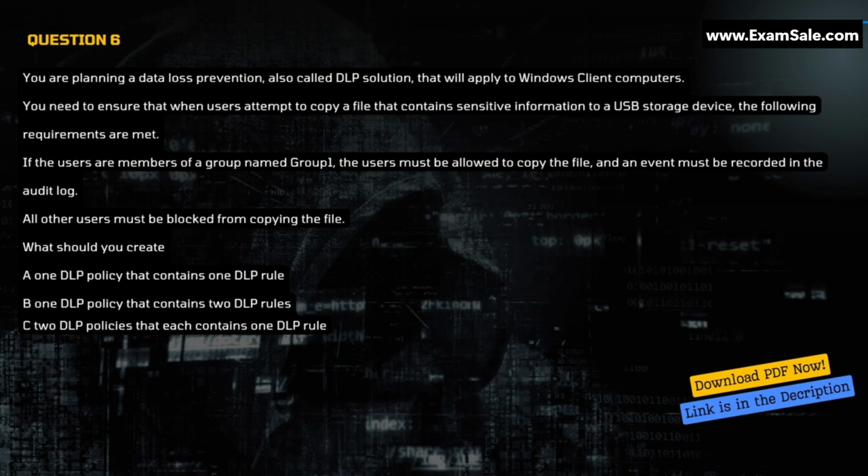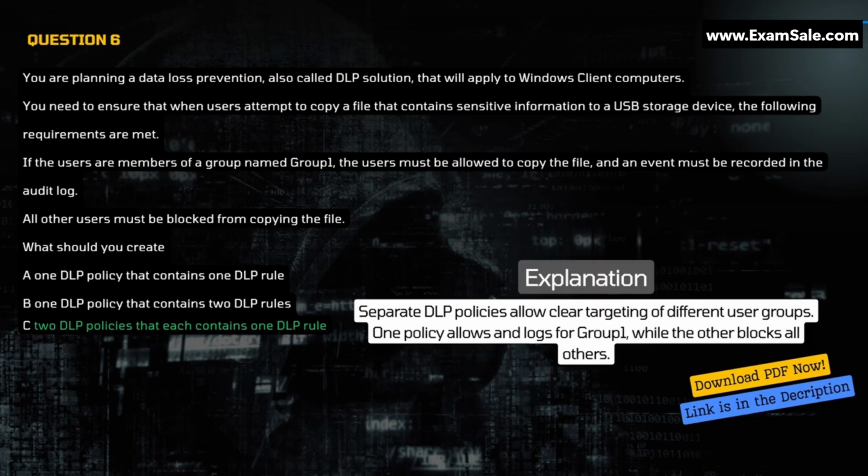All other users must be blocked from copying the file. What should you create? A. 1 DLP policy that contains 1 DLP rule. B. 1 DLP policy that contains 2 DLP rules. C. 2 DLP policies that each contains 1 DLP rule. Correct answer is C.